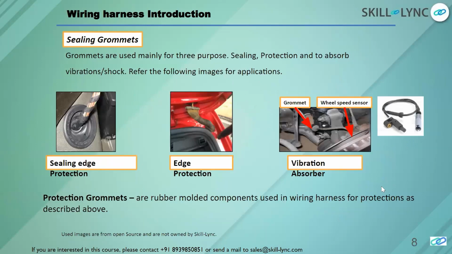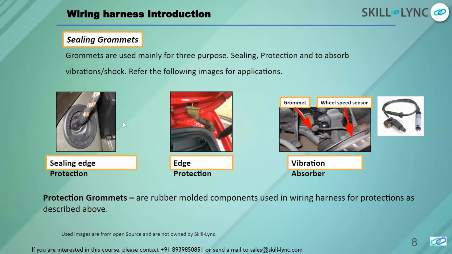Further, we have something called grommets. We generally call them sealing grommets. These sealing grommets majorly have three main purposes, as you can see in the image: sealing, and further protection as well as vibration absorption. A sealing edge protection grommet is what you can see in image one.